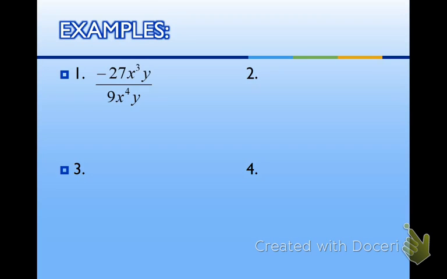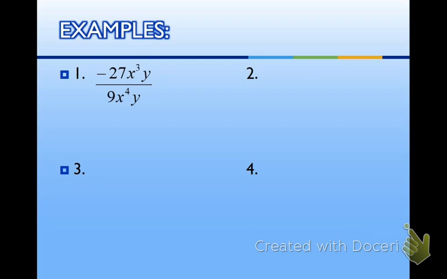So on that very first example, do we have monomials or binomials or polynomials? Monomials on the top and the bottom. That is the easiest situation. It's a monomial because it's just one term.